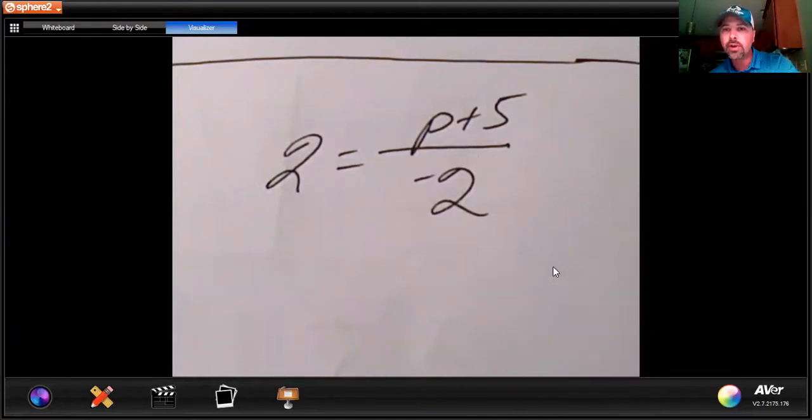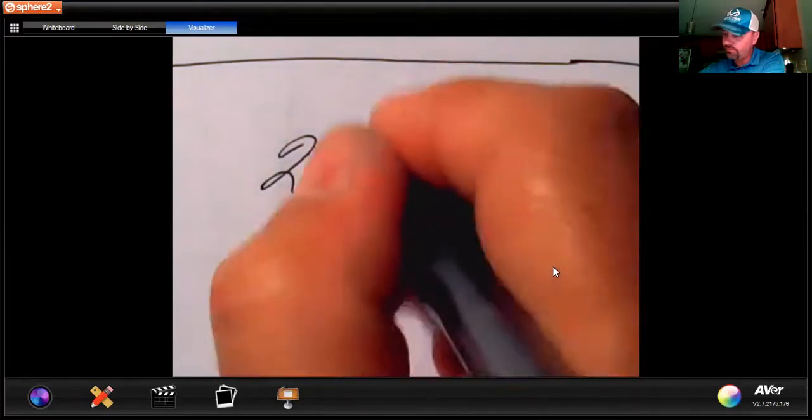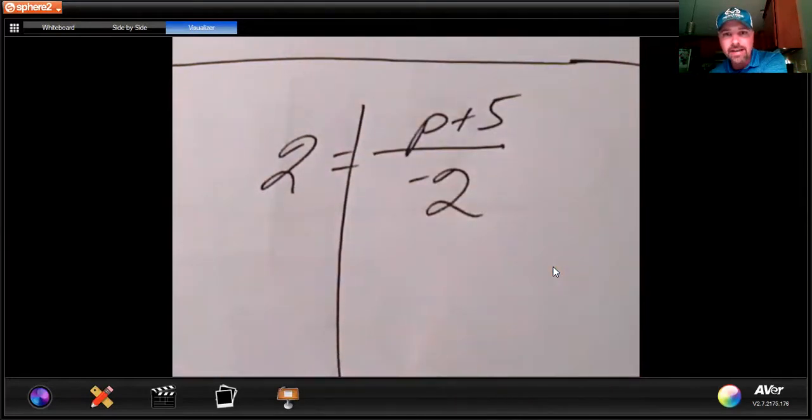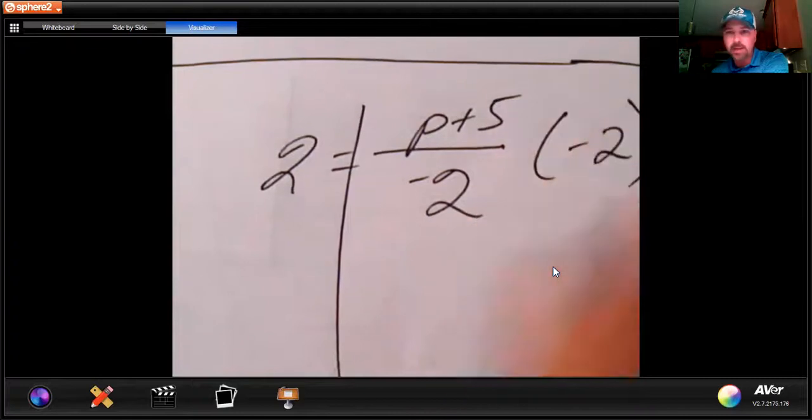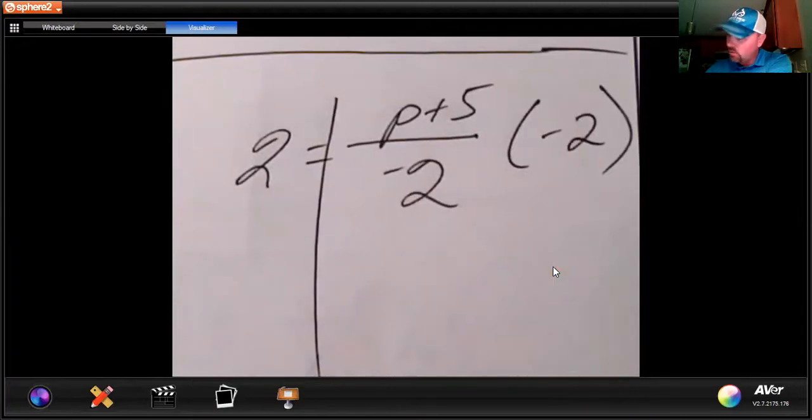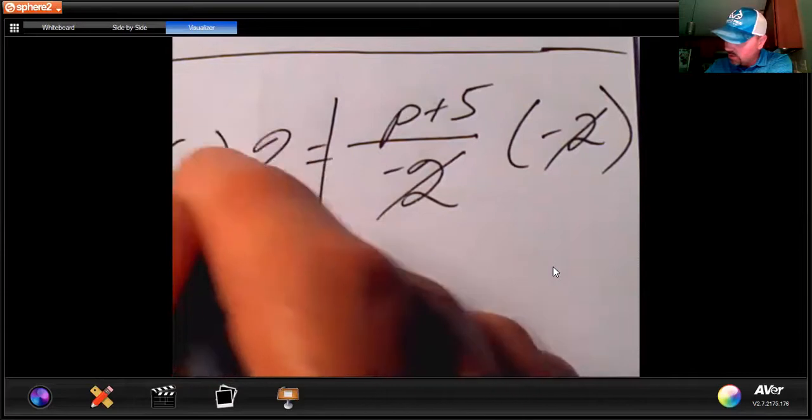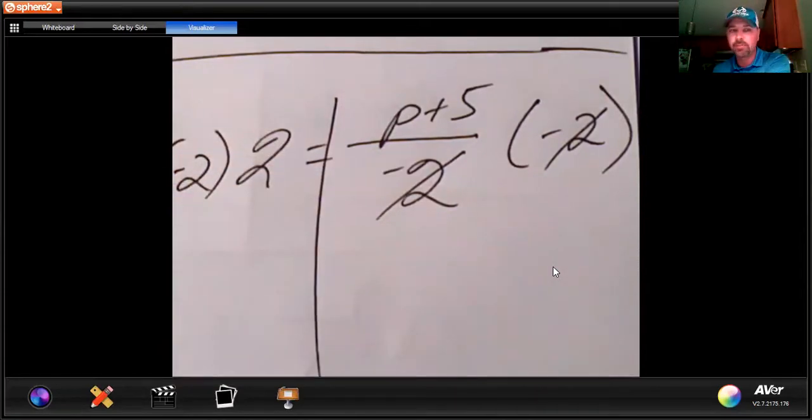Okay, so we need to get rid of the divided by -2 first. And how do we get rid of divided by -2? We use the inverse, multiply by -2, okay? And when we do, that cancels that -2 out.